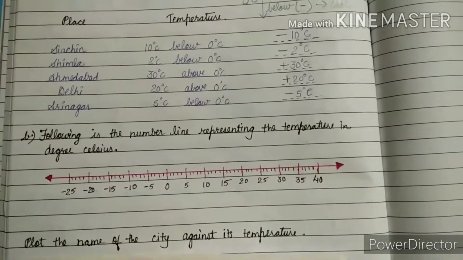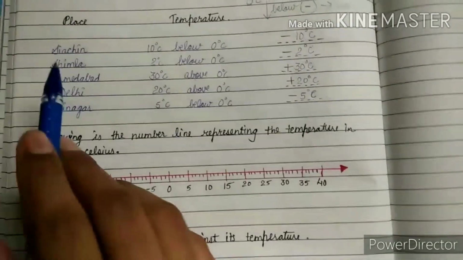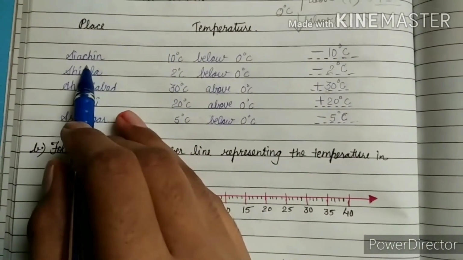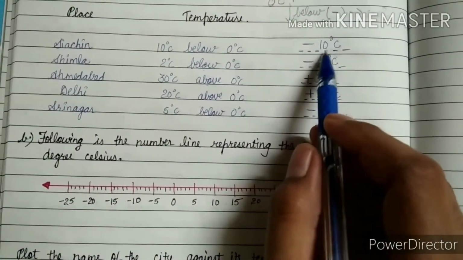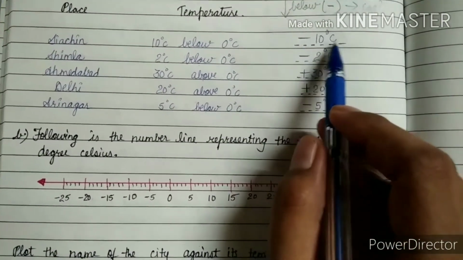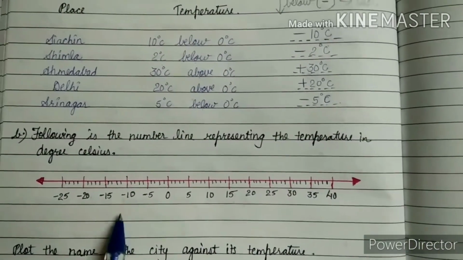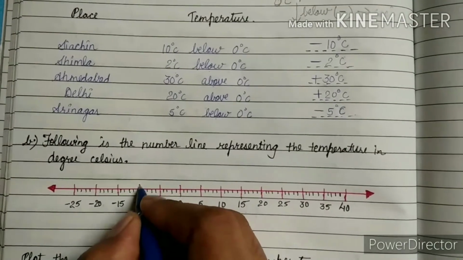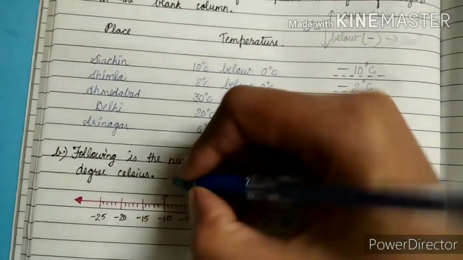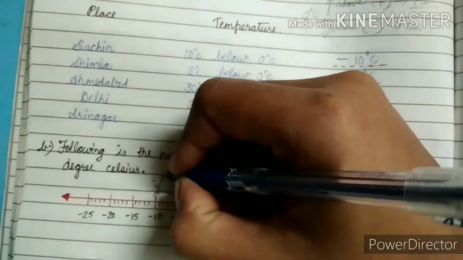So firstly we have to start with the first city, that is Siachen. Siachen has the temperature of negative 10 degrees Celsius. So as you can easily see, you can find negative 10 here. So negative 10 is showing the temperature of Siachen. That's why here I am writing Siachen.